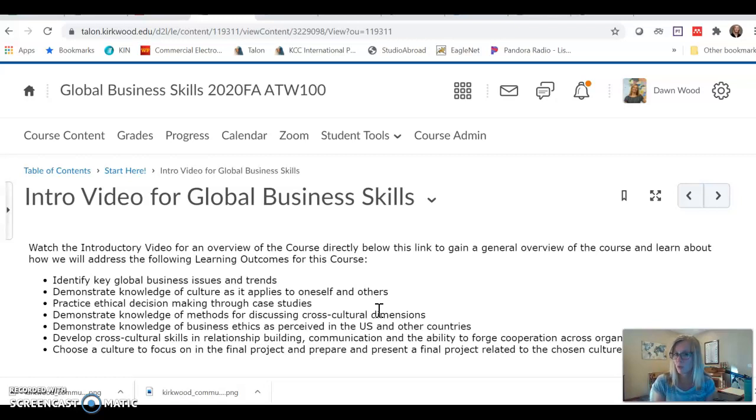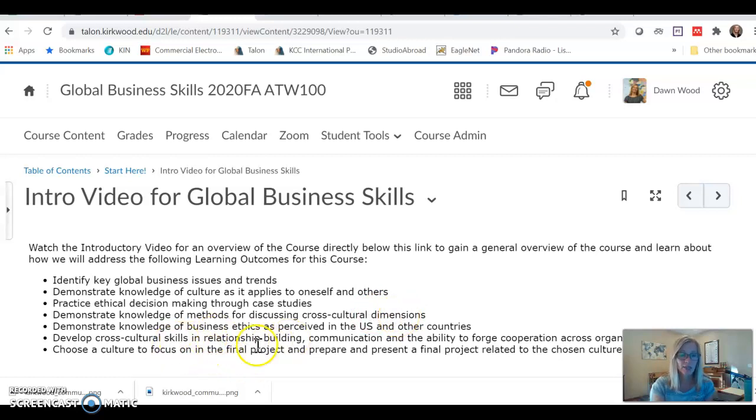And those tools are important for business when you're operating across cultures, when you have staff or employees who are from different cultures. In order to better understand the differences, we're going to learn those dimensions. So it helps us to be able to discuss and learn about different cultures.